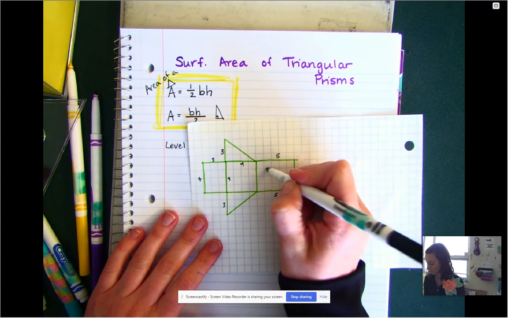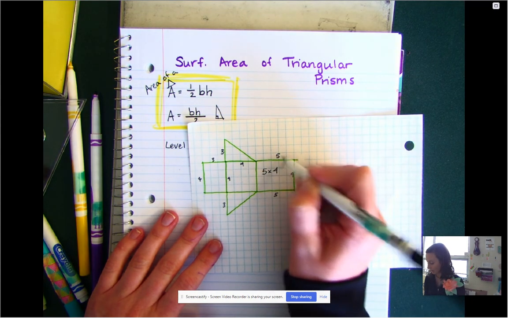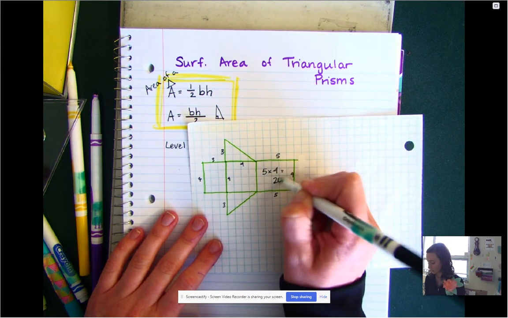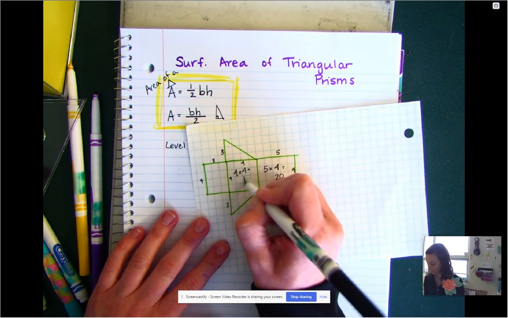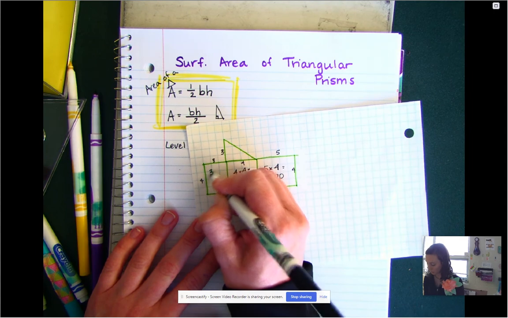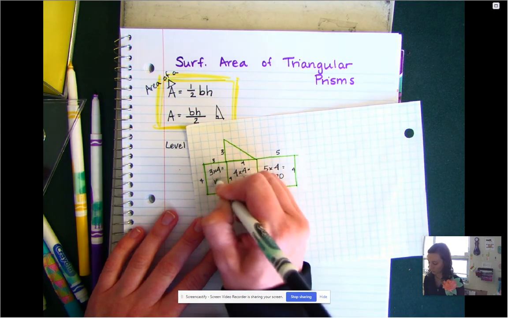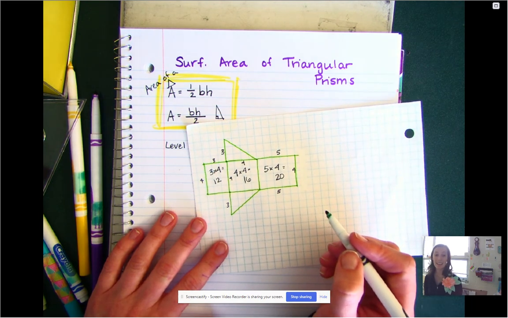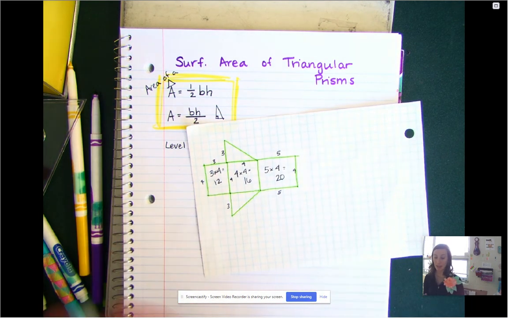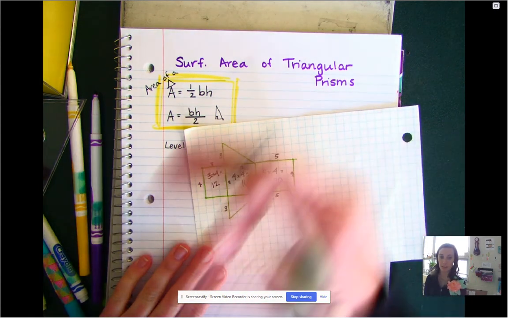So this one is a 5 by 4, 20 squares. 4 by 4, 16 squares. 3 by 4, 12 squares. Triangular prisms are less likely to have matching sets, so it's good to have an order that you do these in. Like I'm going to do all the middle ones first and then the sides.